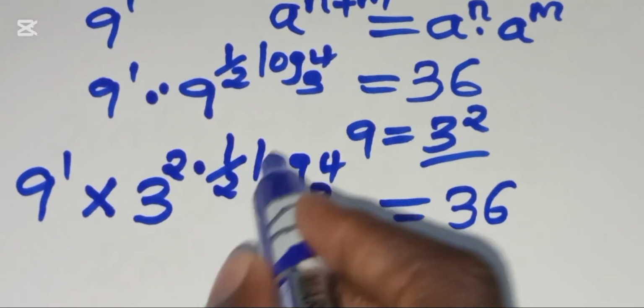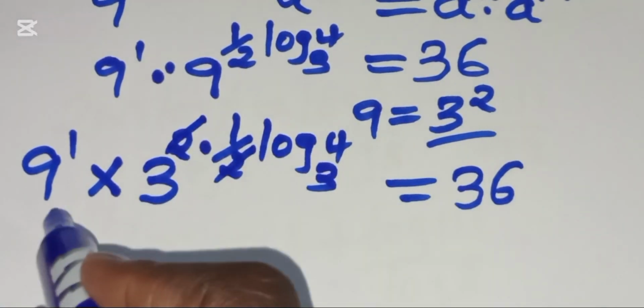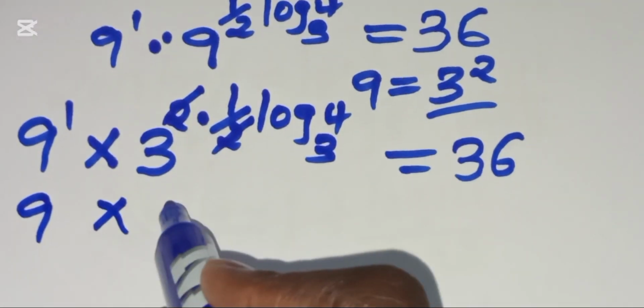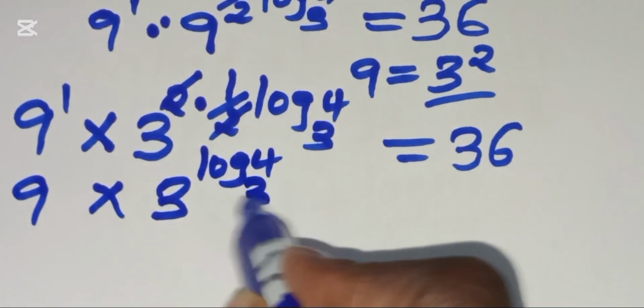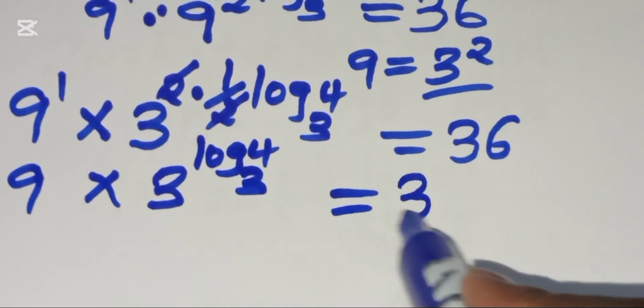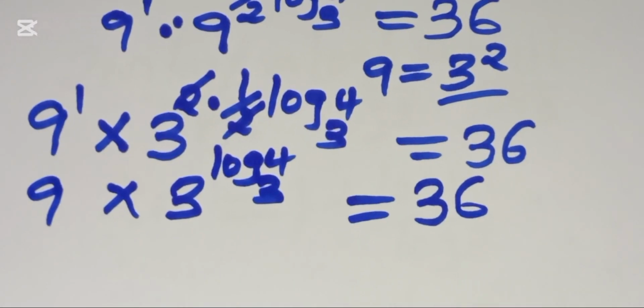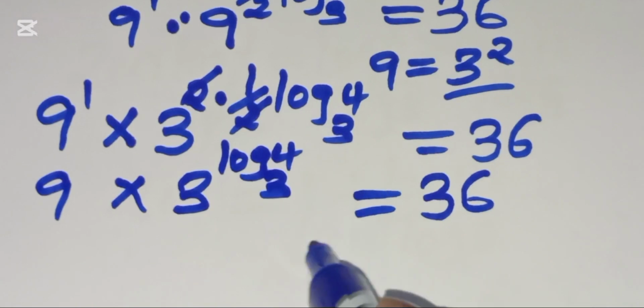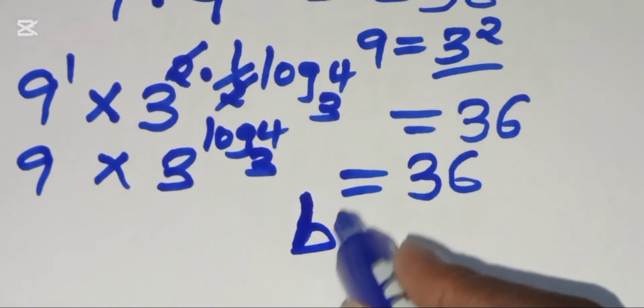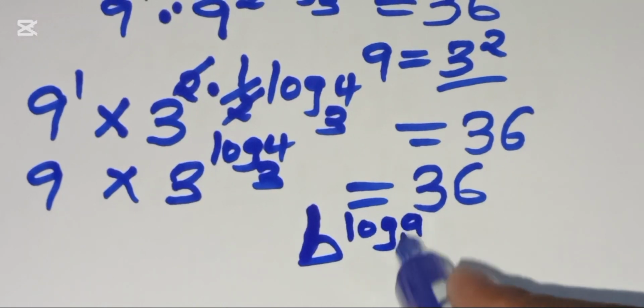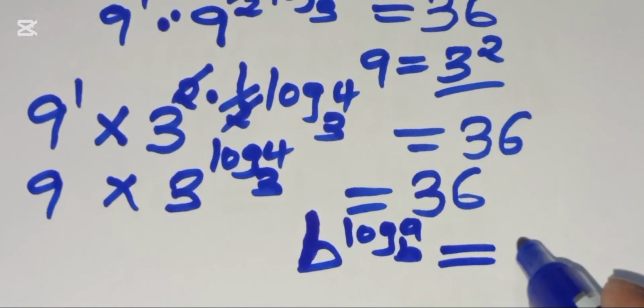Now if we simplify this, we are going to have 9 times 3 raised to power log 4 to base 3. This again is supposed to give us a value of 36. Now 3 raised to power log 4 to base 3 is in the form of b raised to power log a to base b, which essentially will give us a value of a.